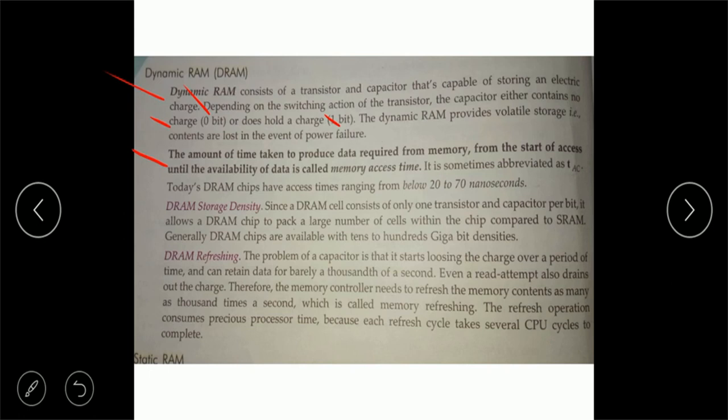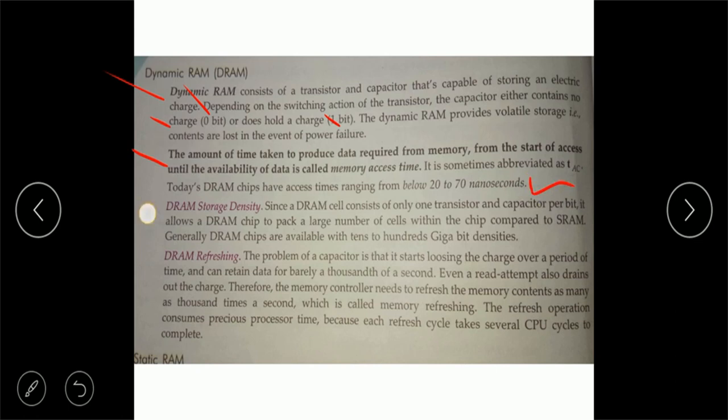And the most important thing is that the DRAM has a memory access time ranging from below 20 to 70 nanoseconds.